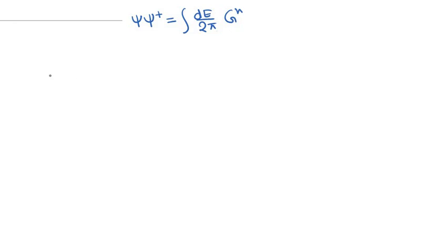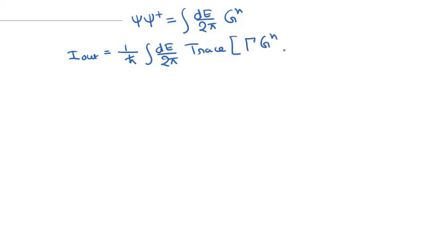So this outflow becomes I out equals 1 by h bar integral of dE by 2 pi trace of gamma times Gn, or Gn times gamma. Both are the same. So this is our current flow from the channel or the system into the contact.